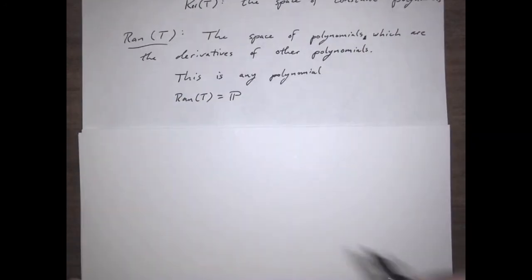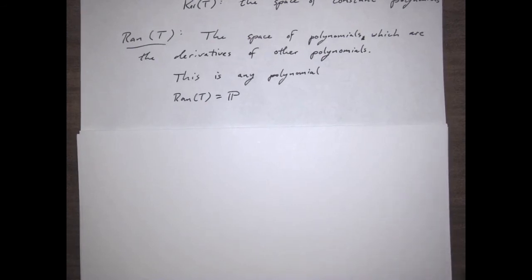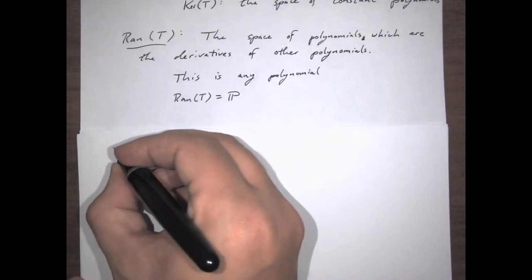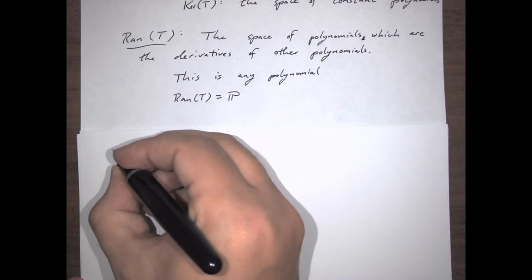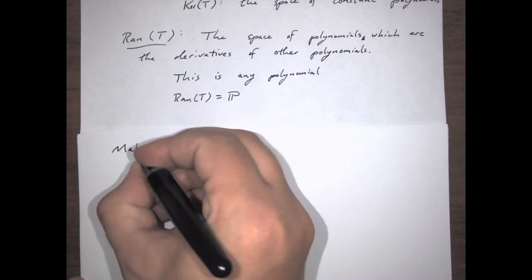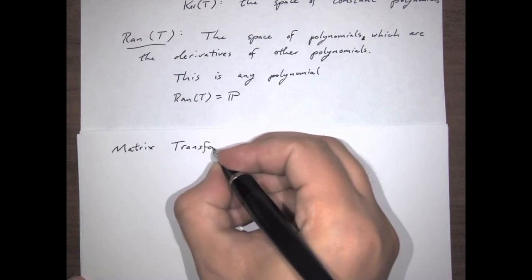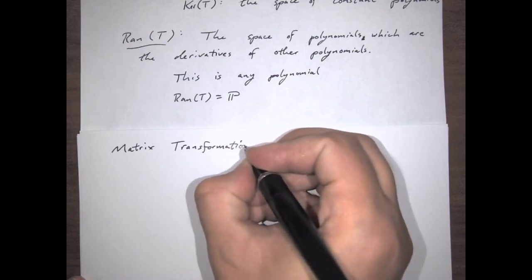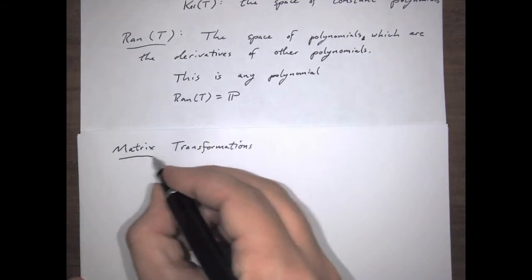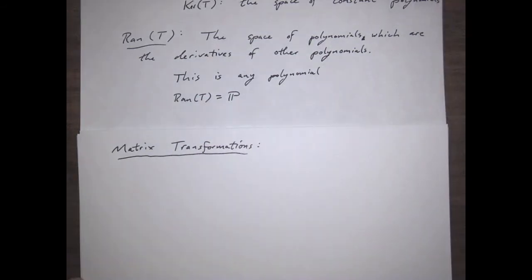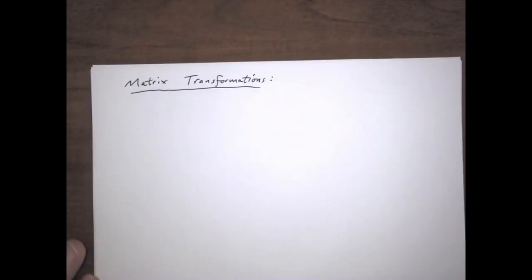So here we can make all linear transformations into matrix transformations by the recipe that was spelled out at the end of chapter 2. So here, our focus is going to be on matrix transformations.